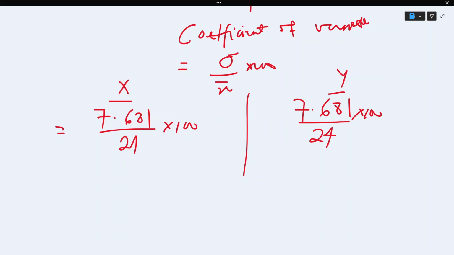We have 7.68 divided by 21 times 100, which is 36.58%. And for stock Y, 32.0%.